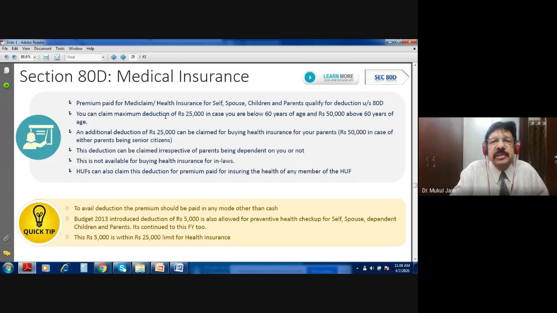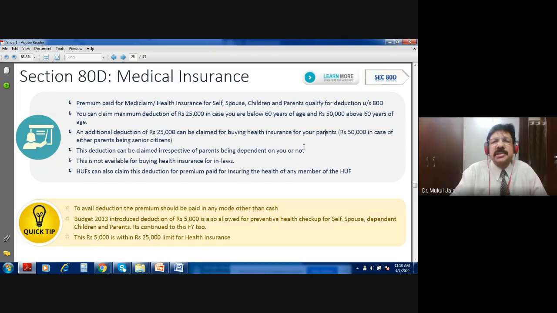You can claim maximum deduction of 25,000 in case you are below 60 years of age and 50,000 above 60 years of age. An additional deduction of 25,000 can be claimed for buying health insurance for your parents, or 50,000 in case of either parent being a senior citizen. And this deduction can be claimed irrespective of parents being dependent on you or not.